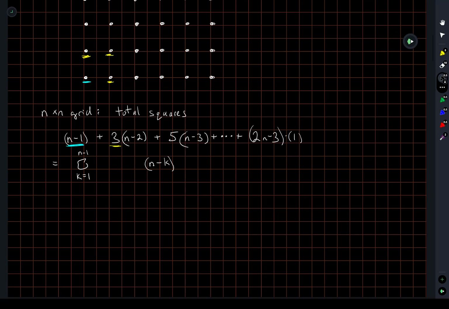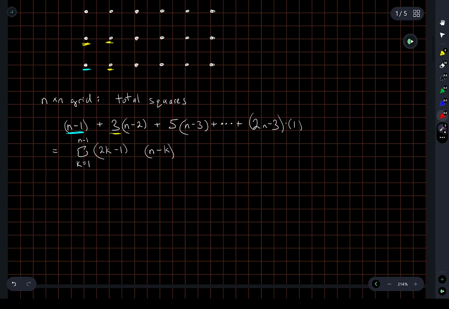It's increasing by 2. So is it just 2k? Nope, because I only want the odd numbers. So is it 2k minus 1? Yeah, it is. When k is equal to n minus 1, I get 2n minus 3.